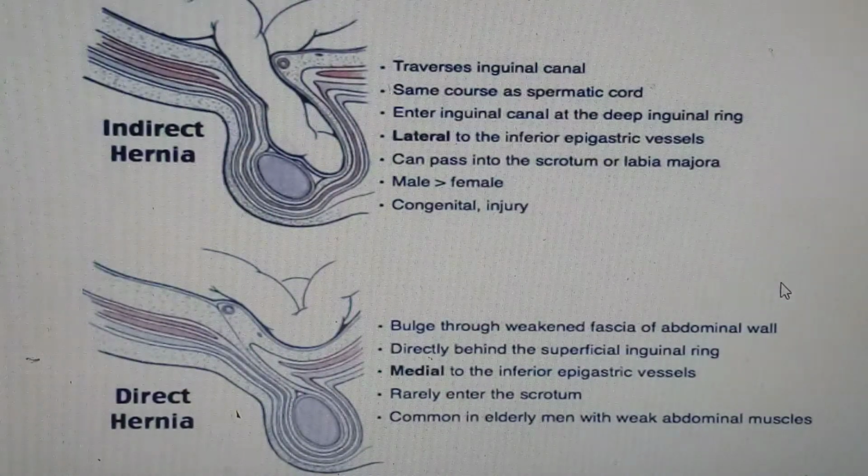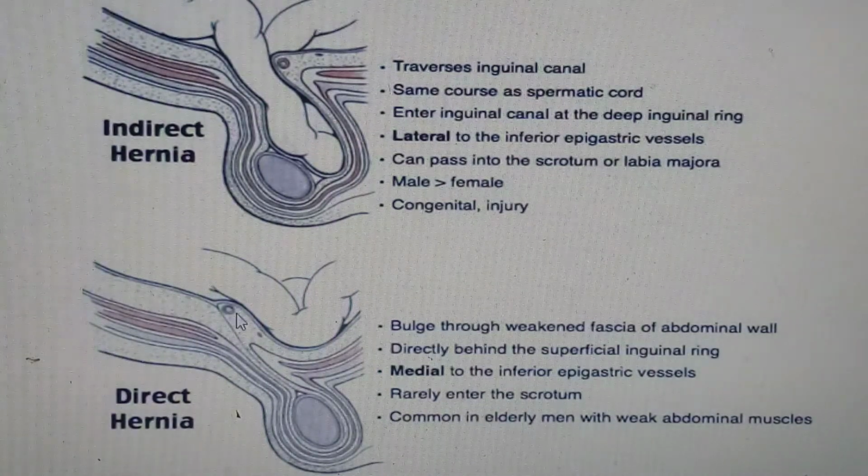So as I was talking about indirect inguinal hernias, one thing that you have to know is that we said these hernia types occur above the inguinal ligament. With this blood vessel we have over here, the inferior epigastric vessels, the inferior epigastric artery and vein, if it is an indirect inguinal hernia, because it is occurring outside Hesselbach's triangle, it is going to occur lateral to this inferior epigastric vessel.